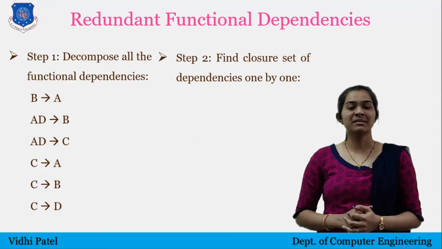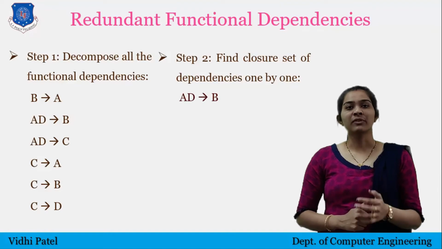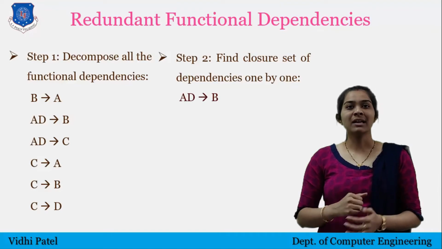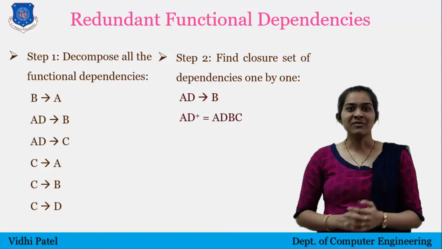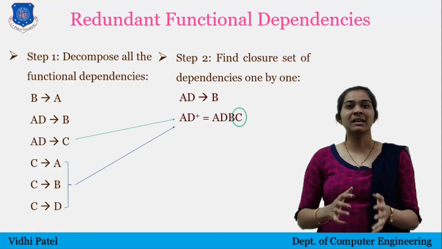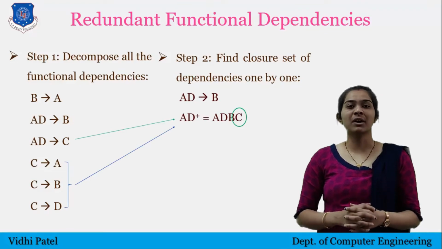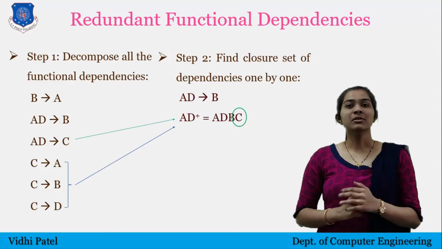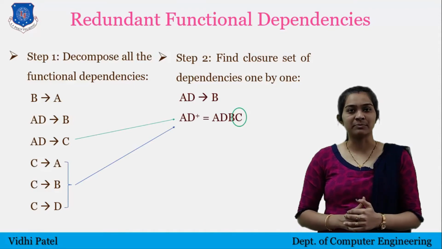Now, the next dependency is AD determines B. Find the closure set of AD. We get A, D, B and C from the dependency. From C, we get A, B and D, but they are already present in the closure set, so we are not including them again. Now, find the closure set of AD without including the AD determines B dependency.